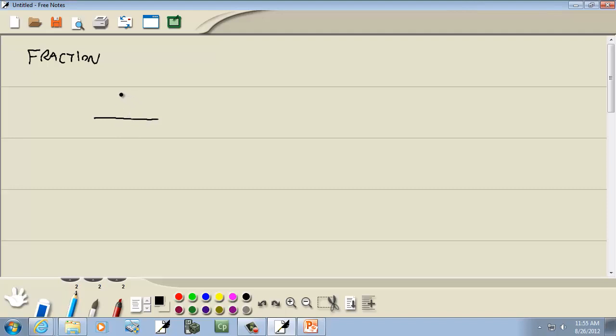Typically numbers, like this right here. Now, the top part is called the numerator, and the bottom part is called the denominator. I refer to this as the top, I refer to this as the bottom. Sometimes I use denominator and numerator and so forth.